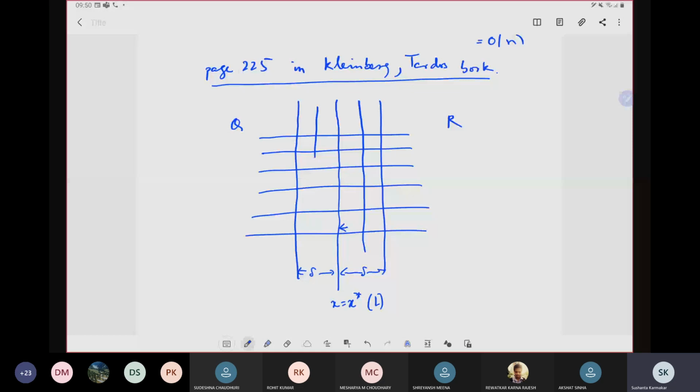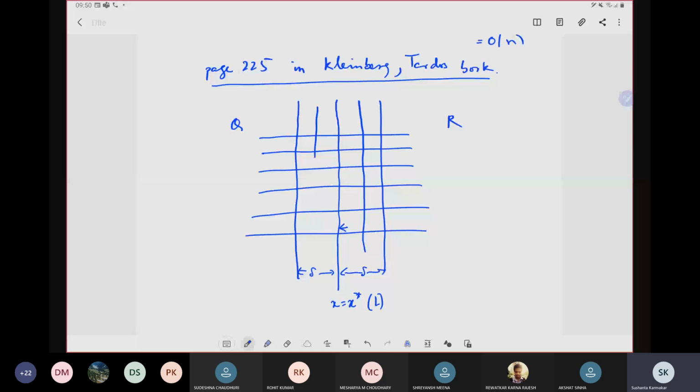Remember, this is my left line, this is my right line. Every point must be within these lines, but I further partition these points.